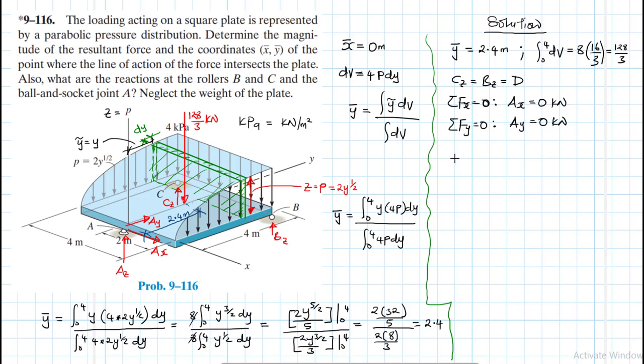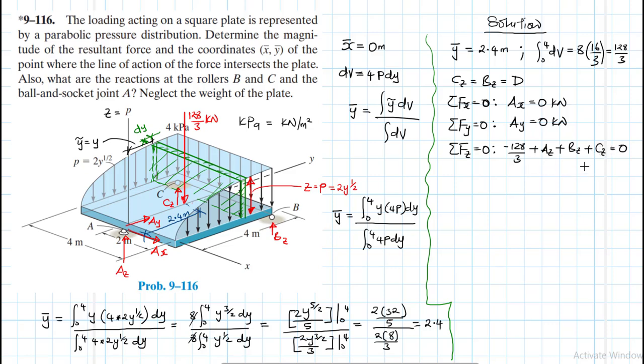What else? Then we have summation of forces in the z direction. Of course here we do have, so we have minus 128 divided by 3, then we have plus az, then plus bz plus cz.